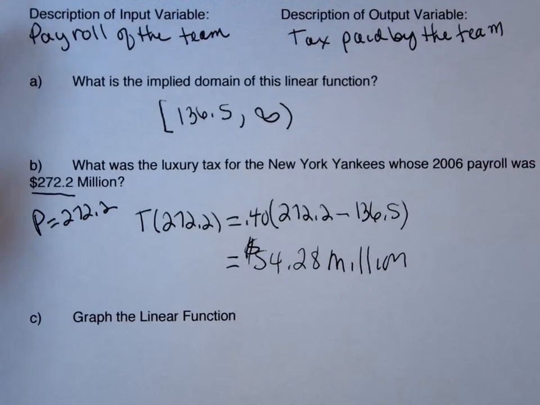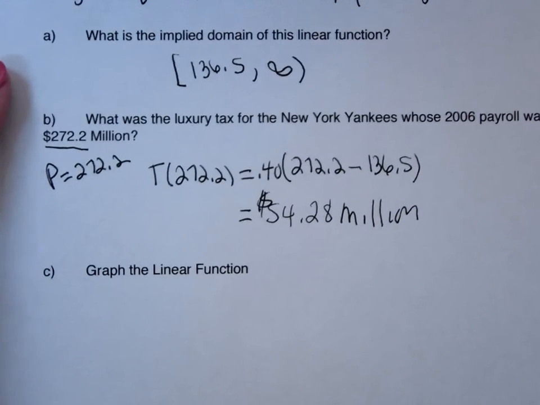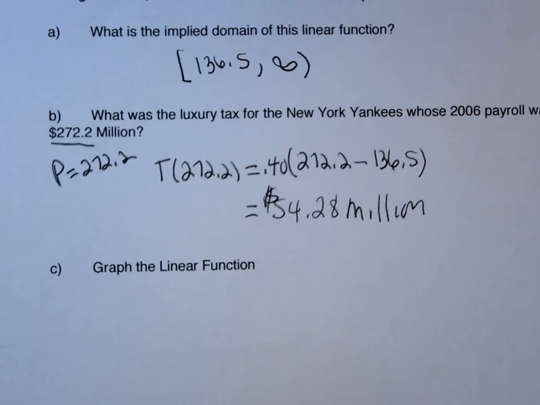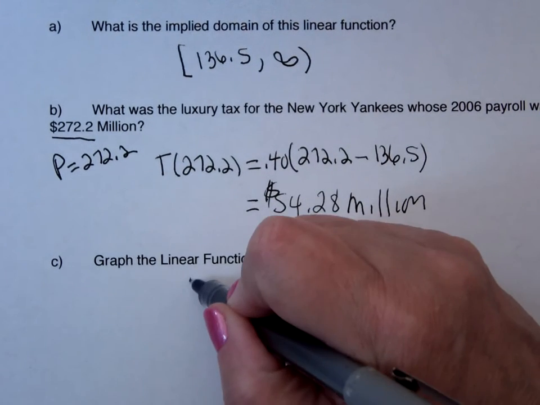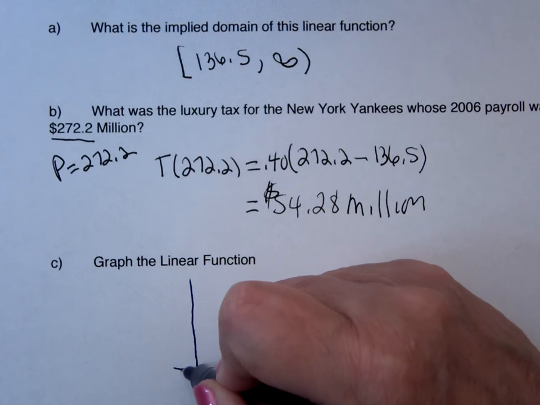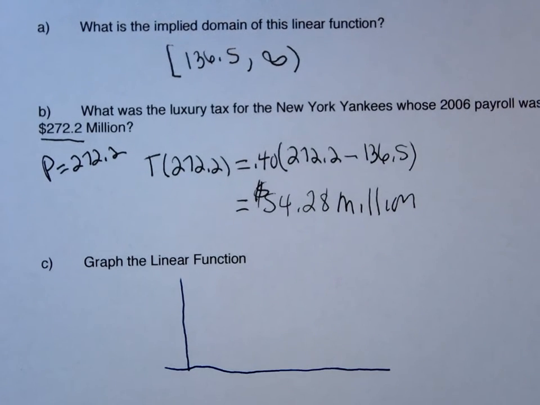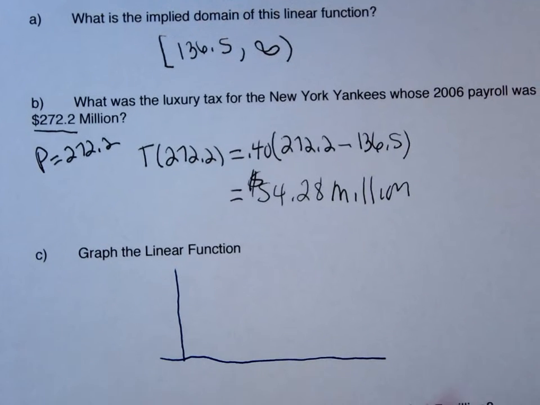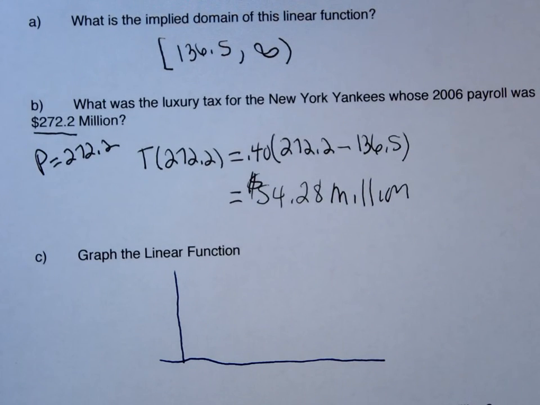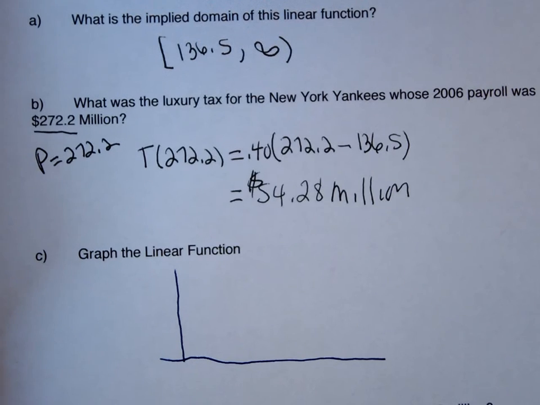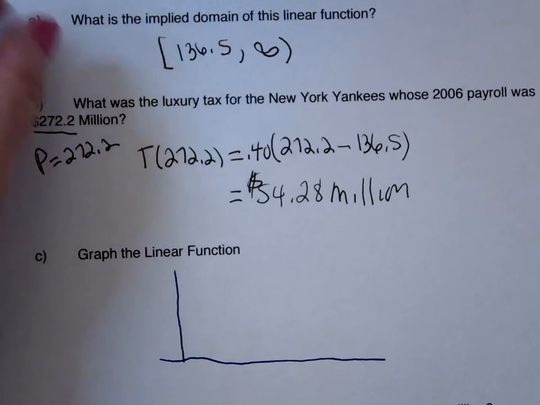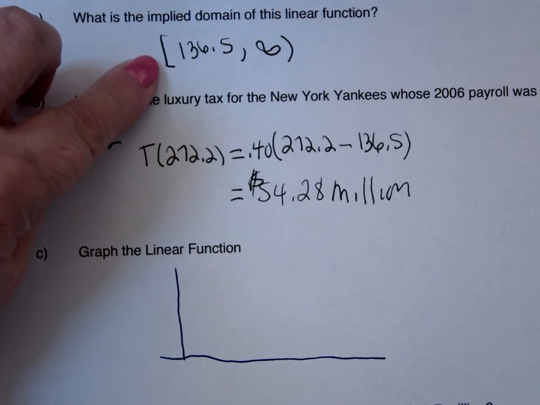So we start with part C, which is to graph the linear function. And so I set up my graph paper, and it's only going to be in the first quadrant, because payroll's positive, tax is positive. Well, you notice that the domain starts at 136.5.